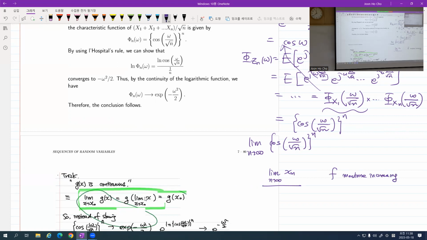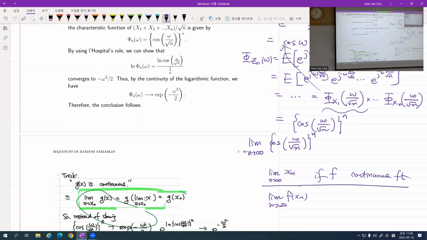Actually, I'd better say continuous. Okay? That is better. Continuous function. Then what happens? What is the limit of f of x sub n?